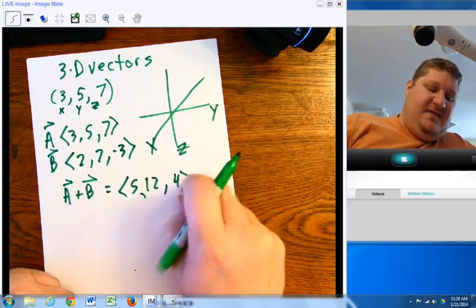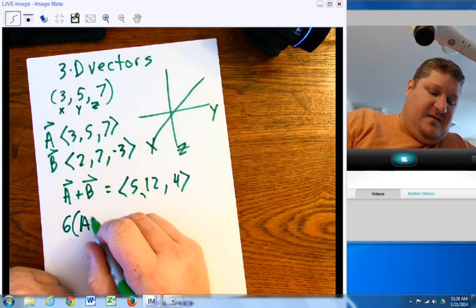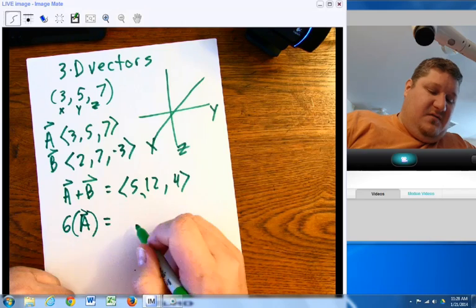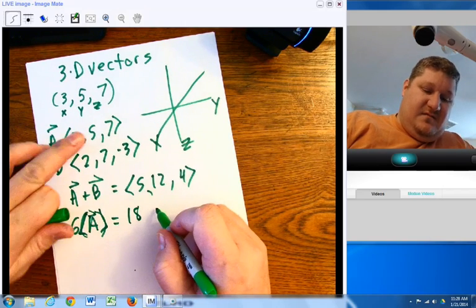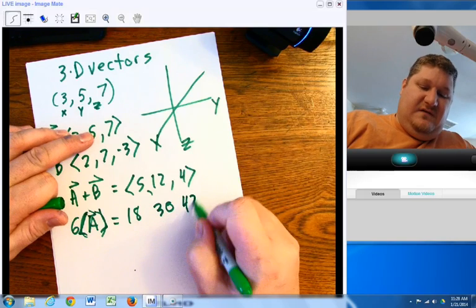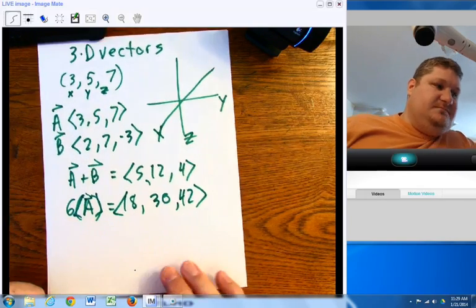So we can add them. We can subtract them. 6 times vector A can be multiplied. So we come up with 18, 30, and 42. So that's a vector in the same direction but 6 times longer.